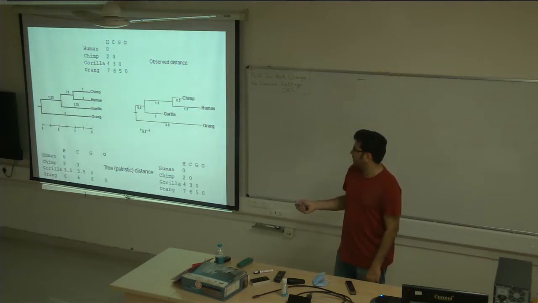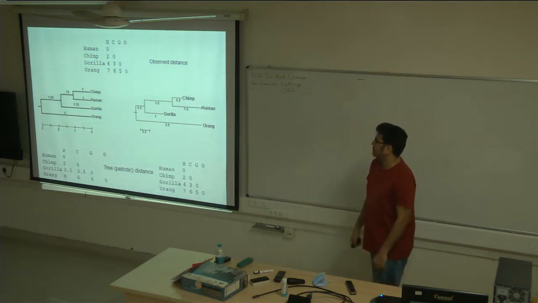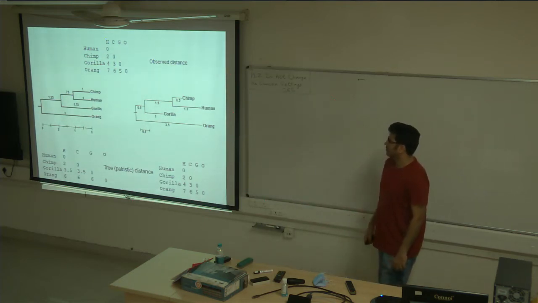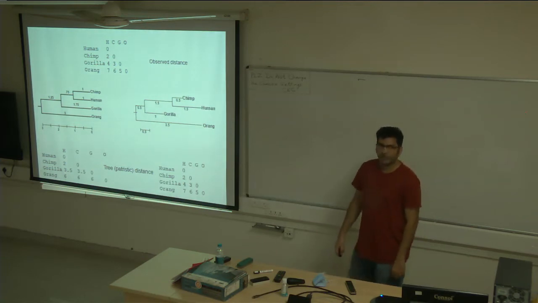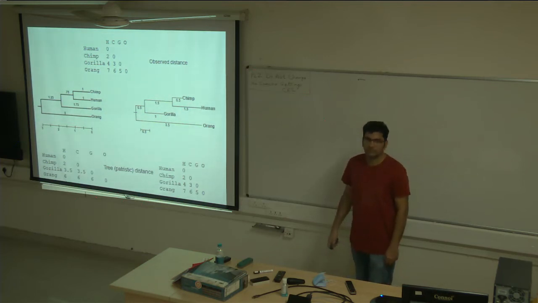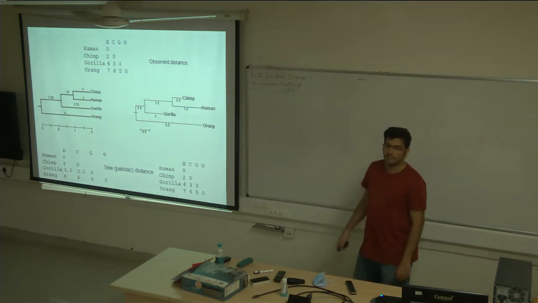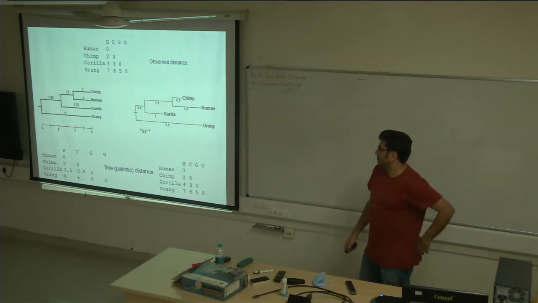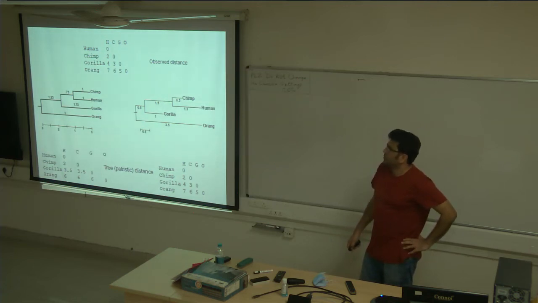Whereas in the neighbor joining tree, they are at different distances. The only two species at the same distance from the root are human and orangutan, because that was the longest branch, and we put the root at the center of that branch. So only those two line up. Everything else is at different distances.